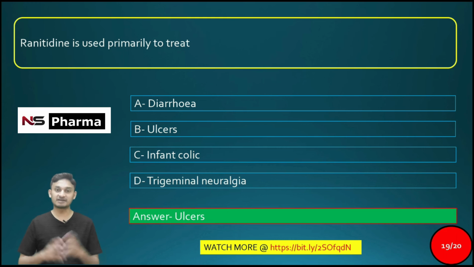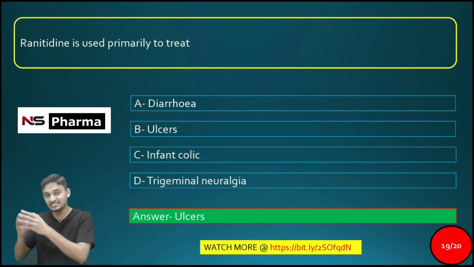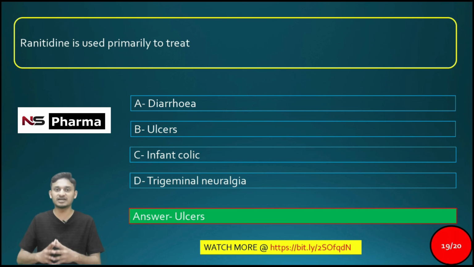We studied drugs which are used for gastric peptic ulcer. What are the drugs? Do you remember? Now we will study drugs used for the treatment of peptic ulcer. First category is gastric acid secretion inhibitors. That is the first class.